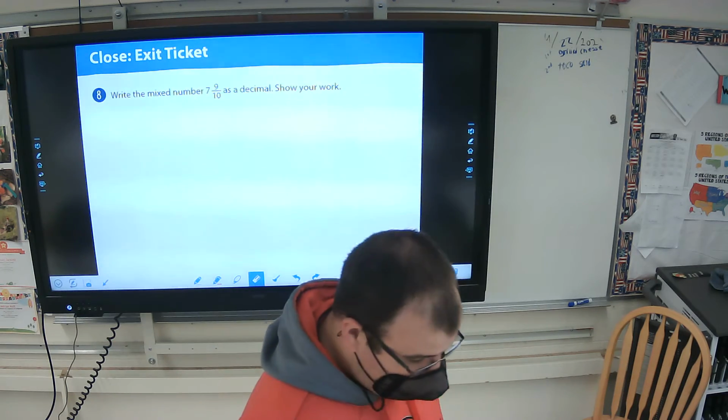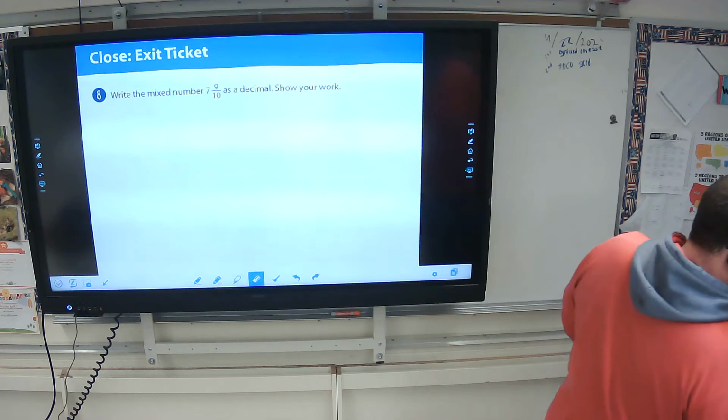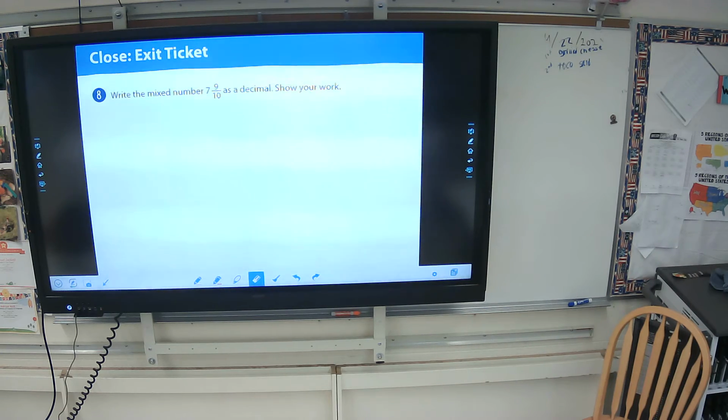Good. Don't draw a model, Kaden. It's just like writing the ones up above, only we have a whole number instead of a 0. It's not going to be a 0. It's going to be a what? 7.